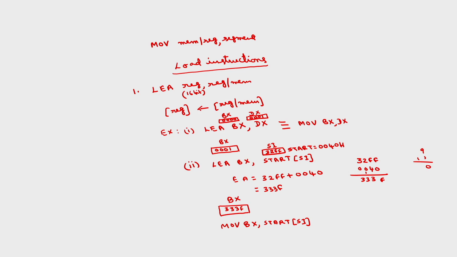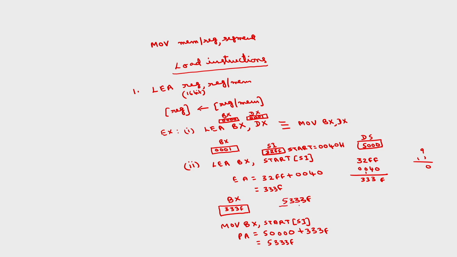So, this is the effective address, and the physical address will be, if I assume that the data segment is 5000, 50000 plus 333F. So, this will be 5333F.